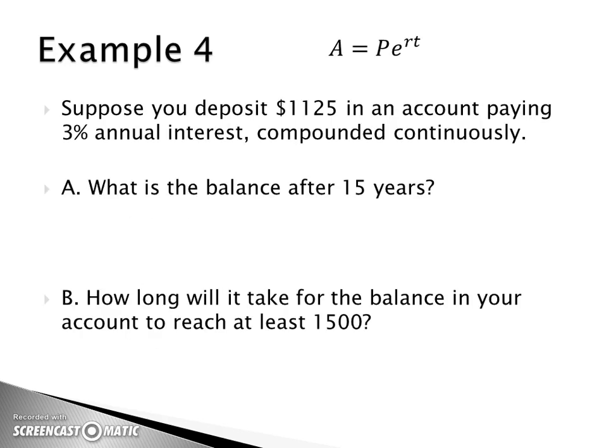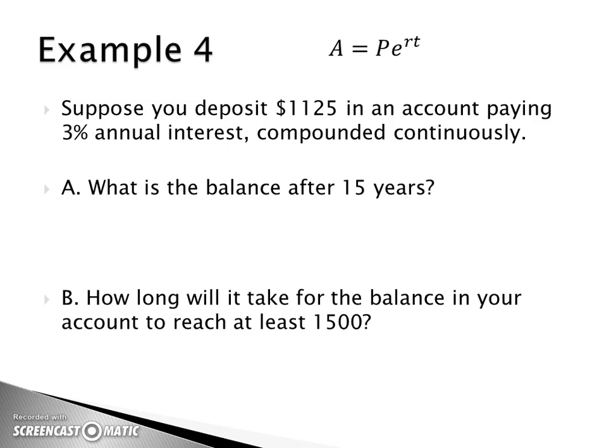Our final example here, we're given an equation. It's A equals P times e to the rt, also known as Pert. Suppose you deposit 1,125, which is our P, in an account paying 3% annual interest, so 0.03 is our r, compounded continuously. That's why we use e as our base. So what is the balance after 15 years?